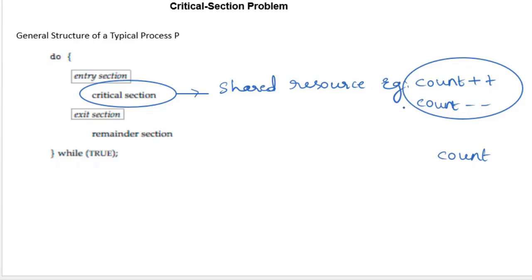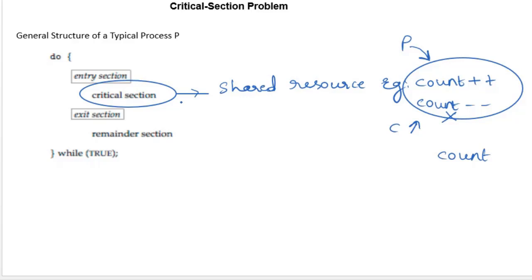What do we mean by that is, when producer process is altering the shared resource, then consumer process is not allowed to alter the shared resource. I repeat, when one process is executing in its critical section, then no other process are allowed to execute in their critical section.